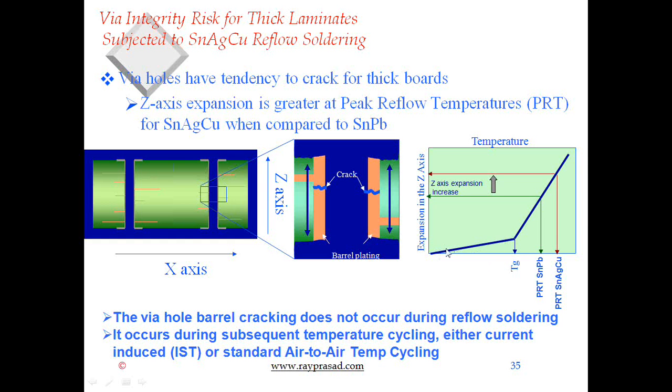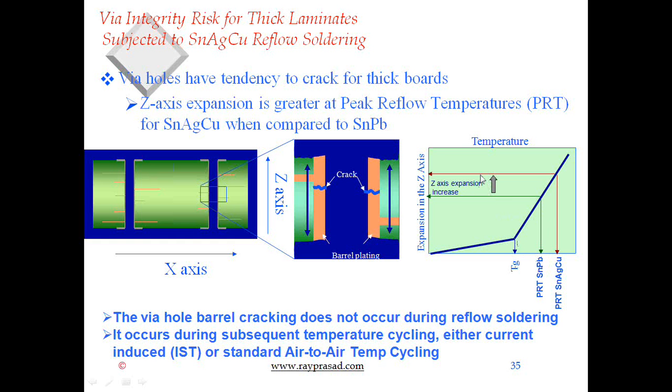So when you do the reflow at tin lead temperature, you have expansion from the point where my arrow is to the next line. But when you go to lead-free, you have this additional delta expansion, going back and forth between these two parallel lines on the top of the picture.